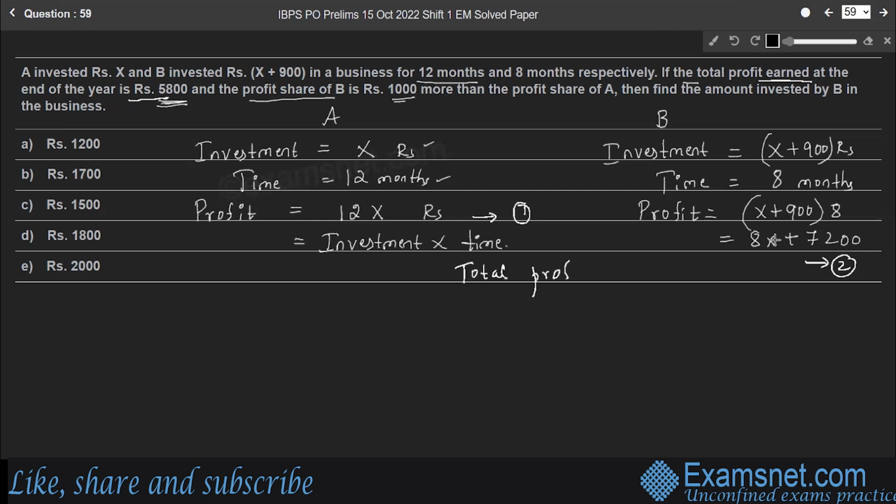The total profit is given as 5,800, and here the profit share of B is 1,000 more than the profit share of A, right?